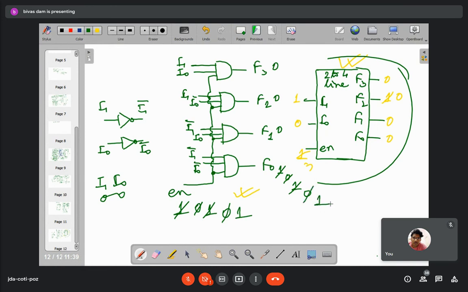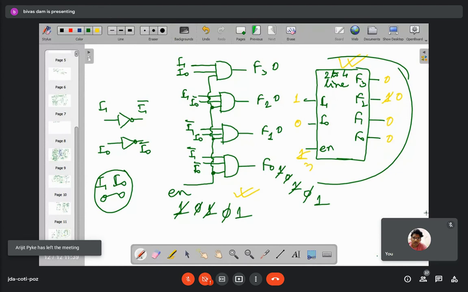So what I can say is, as if using this I1 I0 pattern, I have selected one particular output out of the 2 to the power n possible outputs. How many output lines are there here? 4. How many primary input lines are there? 2.